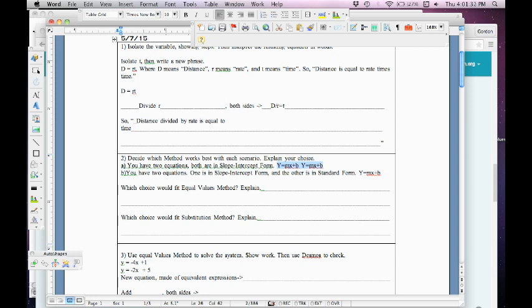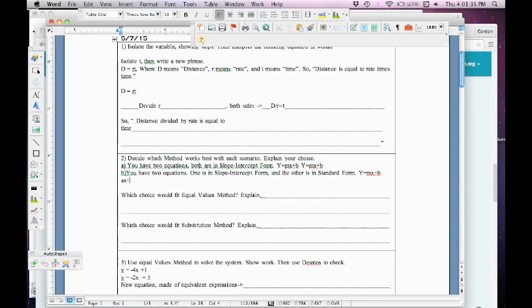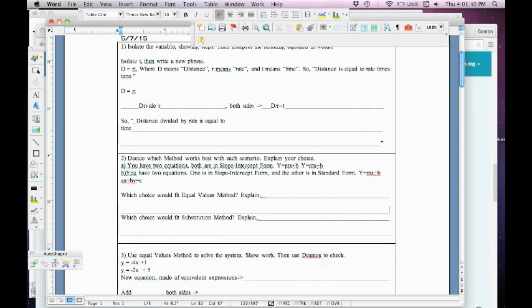And then the second one is going to be in standard form, which is ax plus by equals c. In other words, anytime when the x and the y are together. Okay, so what would be better for equal values method? Equal values method, we would like to have 2 slope intercepts.